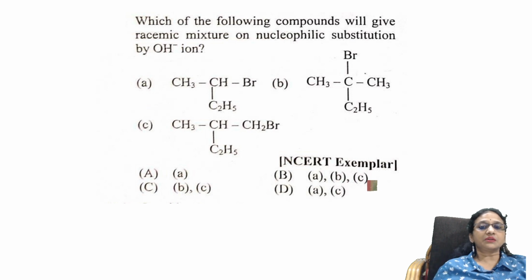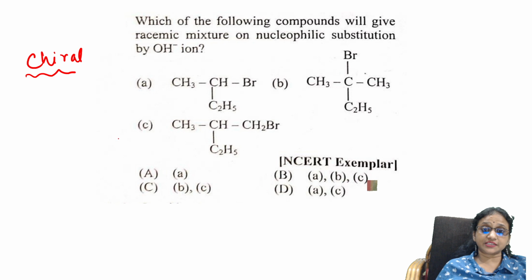Which of the following compounds will give a racemic mixture on nucleophilic substitution reaction? Careful. Racemic mixture, right, where both the positive rotation and the negative rotation mix together. First of all, when I say racemic mixture, what should you remember? You have to check for one condition: check for a carbon which is chiral.